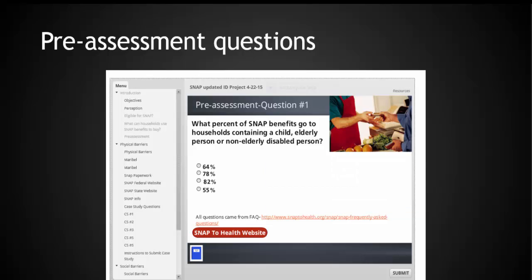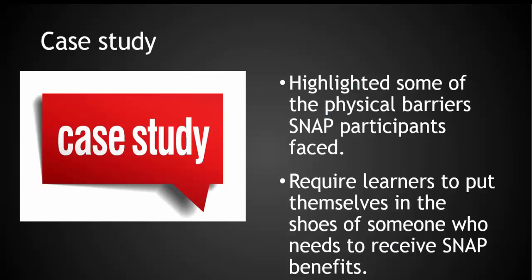When the learner finished the pre-assessment, they navigated to the case study, which highlighted some of the physical barriers SNAP participants faced, both in applying for SNAP benefits and then the barriers faced once they were accepted into the SNAP program. Using a case study would require the learners to put themselves in the shoes of someone who needed to receive SNAP benefits.